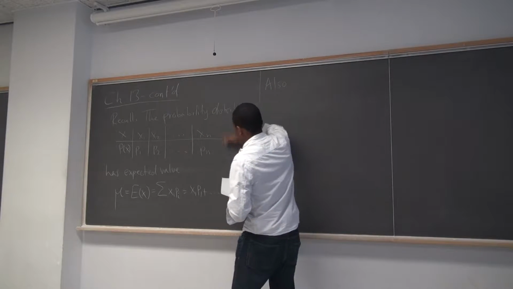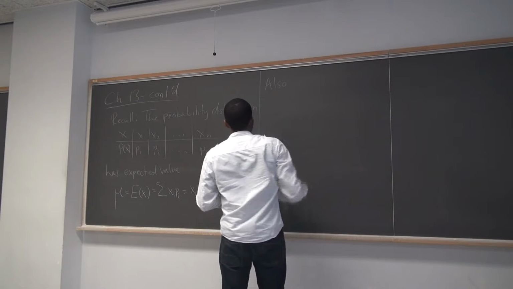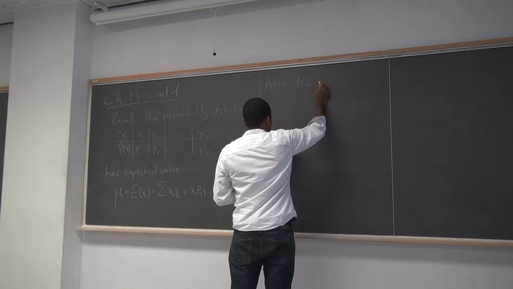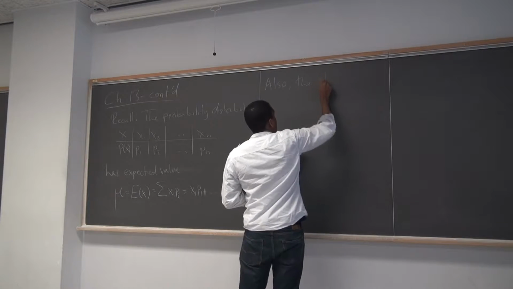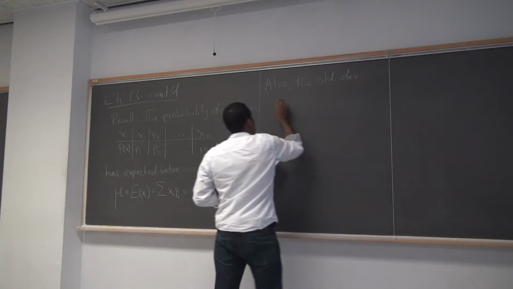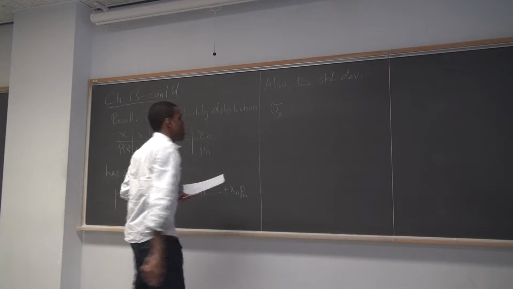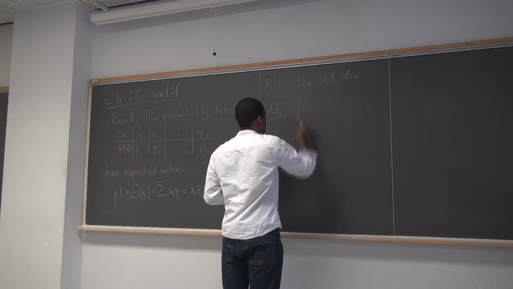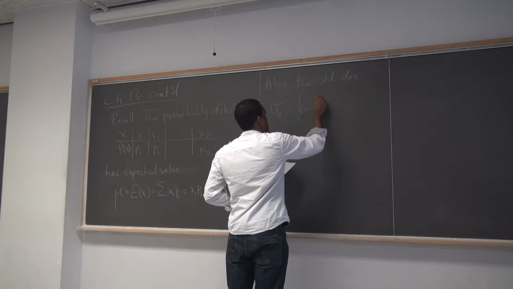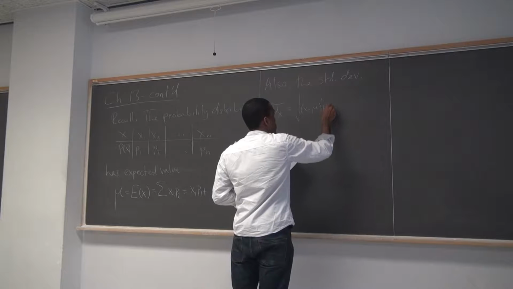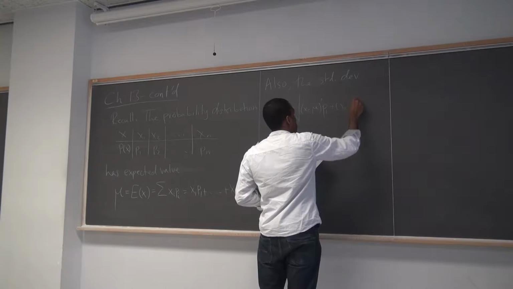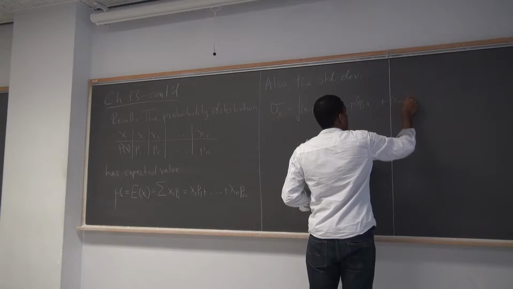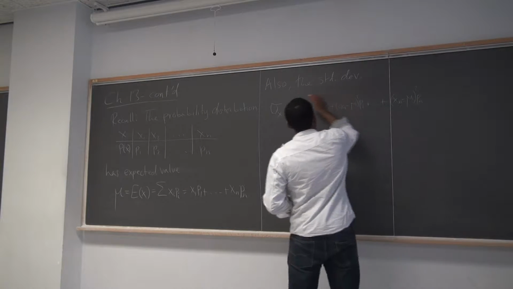If you're given a probability distribution, you can actually find the standard deviation of it. The standard deviation, sigma sub x to denote that we're looking at the variable x, is given by the formula: the radical of (x1 minus mu) squared times p1 plus (x2 minus mu) squared times p2, through (xn minus mu) squared times pn.